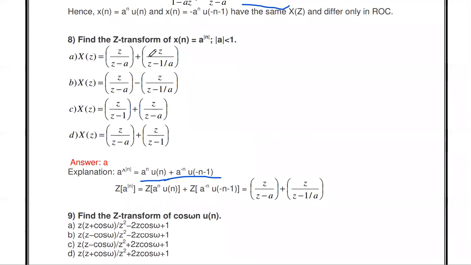Which one is correct? Z by z minus a plus z by z minus 1 by a. In the next choice a minus sign is given, so it is wrong. This one is wrong. This is the correct answer: z by z minus a plus z by z minus 1 by a.